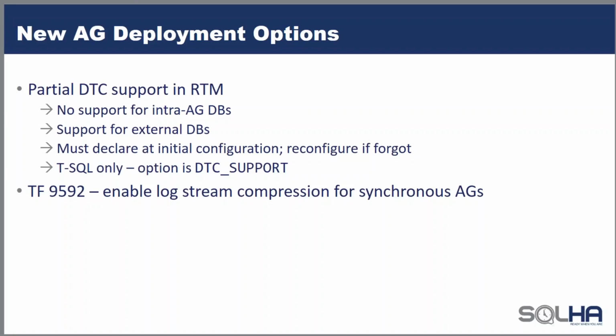What I would do in this case is if you want to get potentially better network throughput by sending less stuff over the wire, you can test this trace flag in your test environments under load, but this is not something I would enable by default without testing it. Otherwise, you could see potentially problems on your servers.